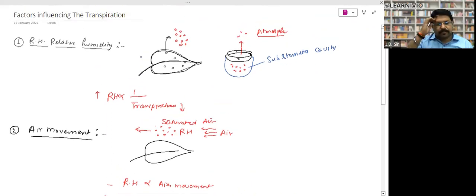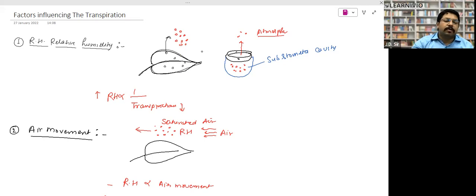Relative humidity. Remember this thing. When relative humidity is high, it means the temperature is low. When temperature is high, relative humidity will be low. Try to understand. That is the formula. If the relative humidity is more, there will be less transpiration.